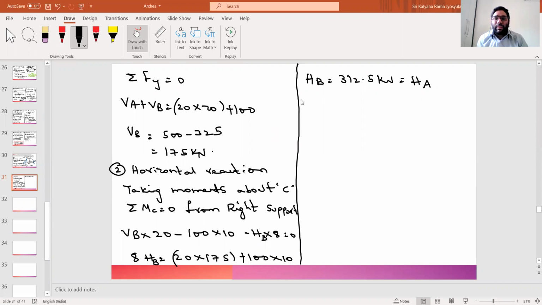Next, third step, normal thrust and radial shear. But before that, we need to calculate the equation of circle.